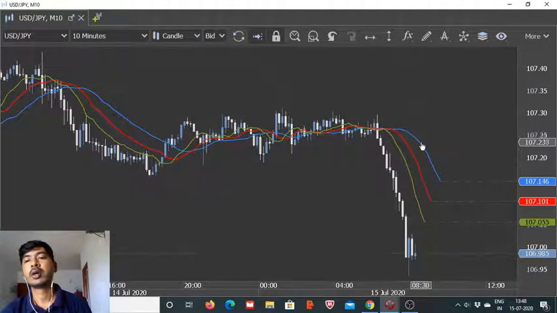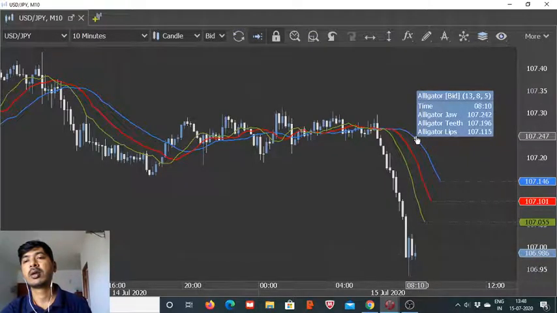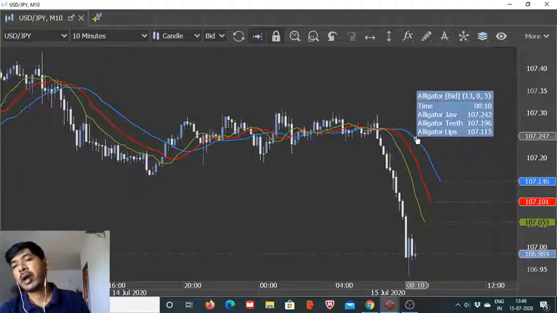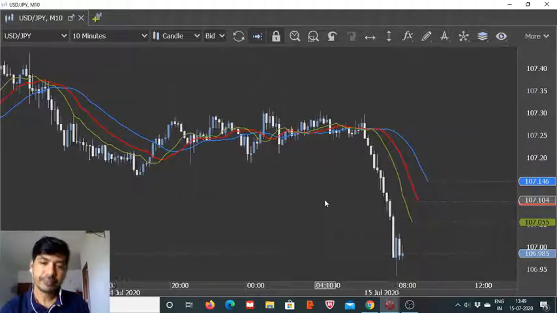So here at the same instance we have a different value which is slightly different. There is not much pronounced difference between both these values, but on the bid side it is less by 0.003 pips.